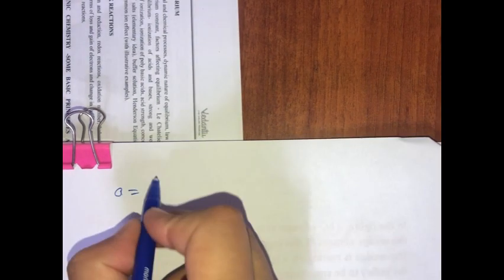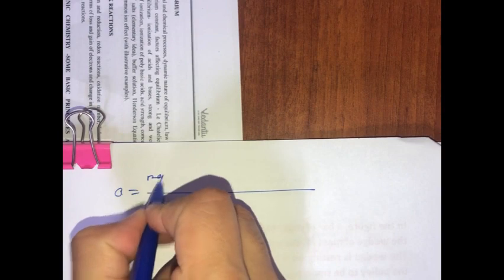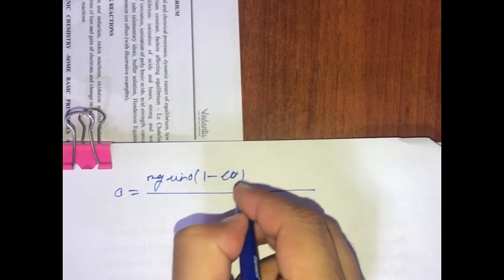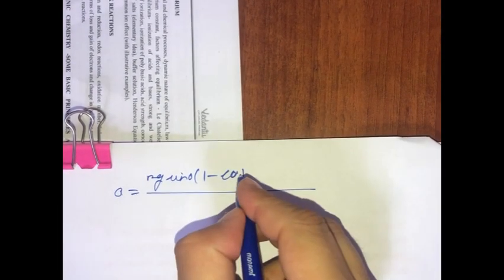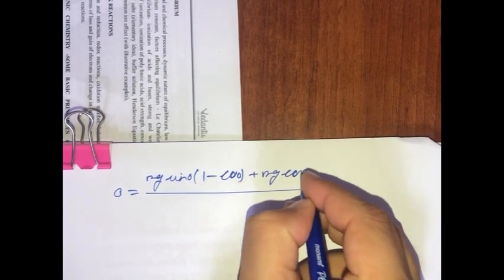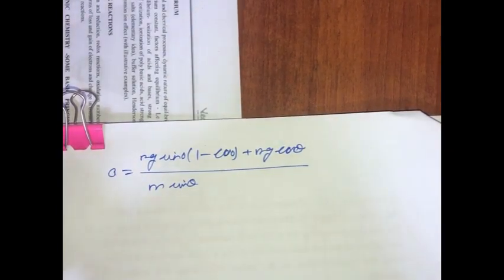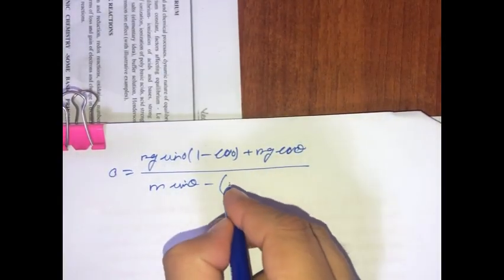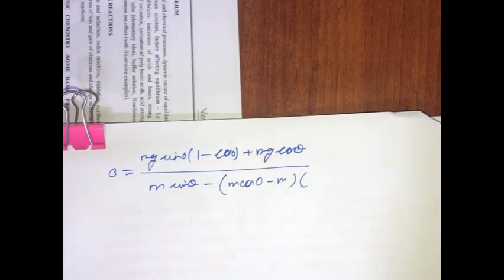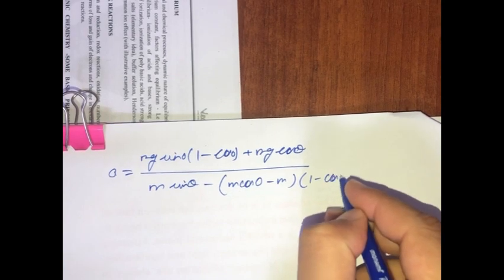So we have a is equal to mg sin theta 1 minus cos theta, and we have plus mg cos theta, and divided by m sin theta minus m cos theta minus m, and we have 1 minus cos theta.